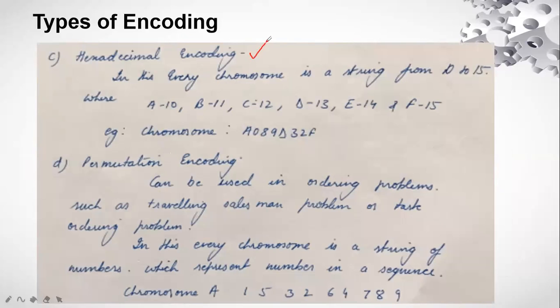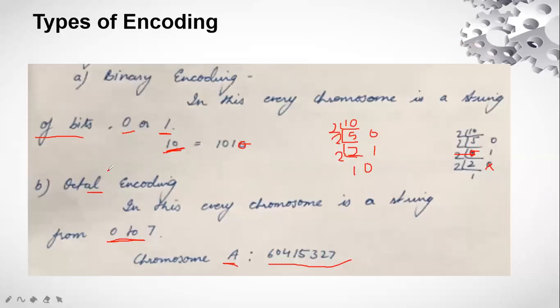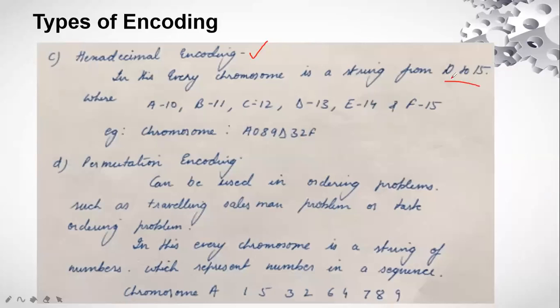The third form is called hexadecimal. You all know what hexadecimal is. Here every chromosome is a string from 0 to 15. As in octal the chromosome has a string from 0 to 7, and in binary 0 and 1, here we have 0 to 15, which makes 16.